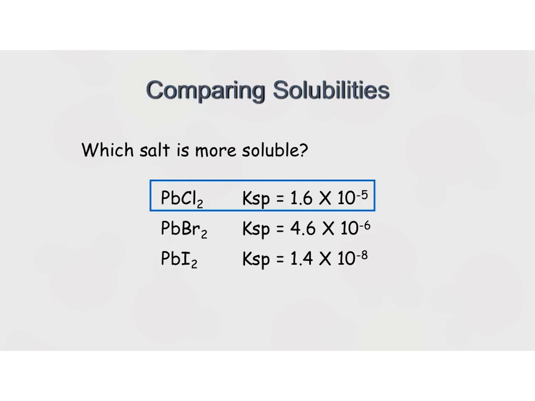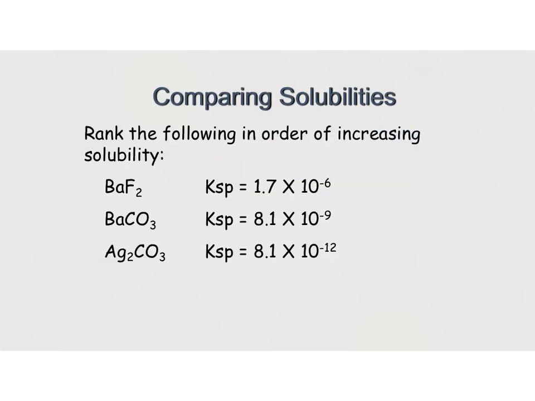All right, another one. Okay, so if you'll notice, all of these have 3 ions. Because they have 3 ions, we can compare them. So this guy right here, he has the largest value, so he's going to be the most soluble. All right, and then this one wants us to rank. Okay, again, you've got to count ions, right? So I've got 3, 2, and 3. All right, this one's a little harder because you have different ratios, right?